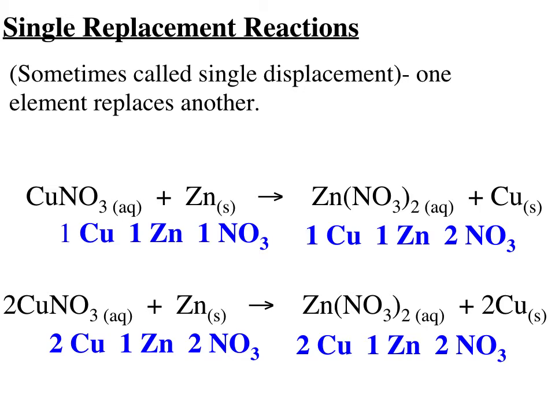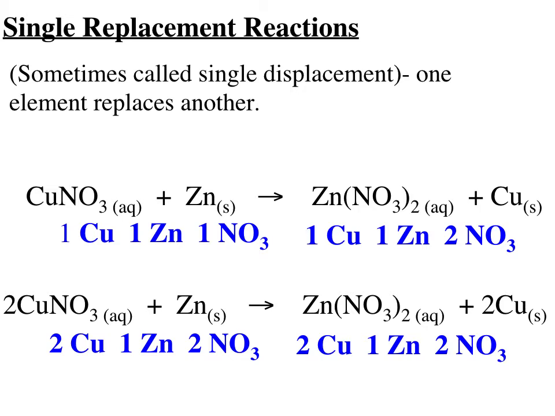And interestingly enough, if I have a solution of zinc nitrate and put a chunk of copper in with it, it will not kick the zinc out of the solution. It's not active enough to replace the zinc in an aqueous solution of zinc nitrate. However, zinc is active enough to replace copper cations in a solution of copper nitrate.